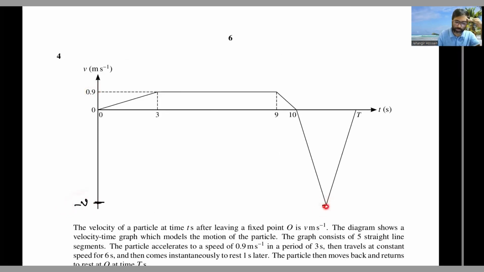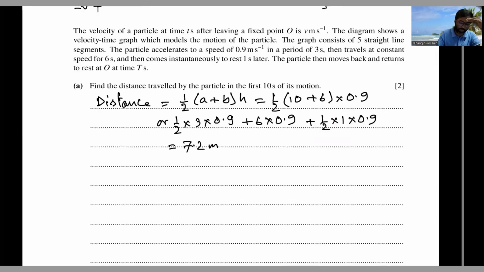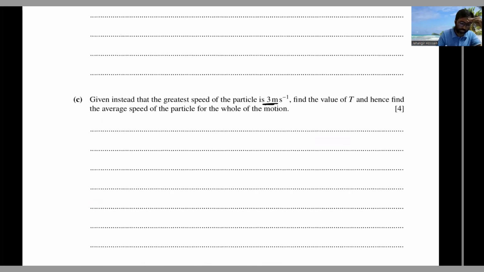So if it is 3, that's minus 3, then what is the value of t? The area is equal to 7.2, so you can calculate the value of t. So half into t minus 10 into 3 is equal to 7.2. So this will give t equal to 14.8.